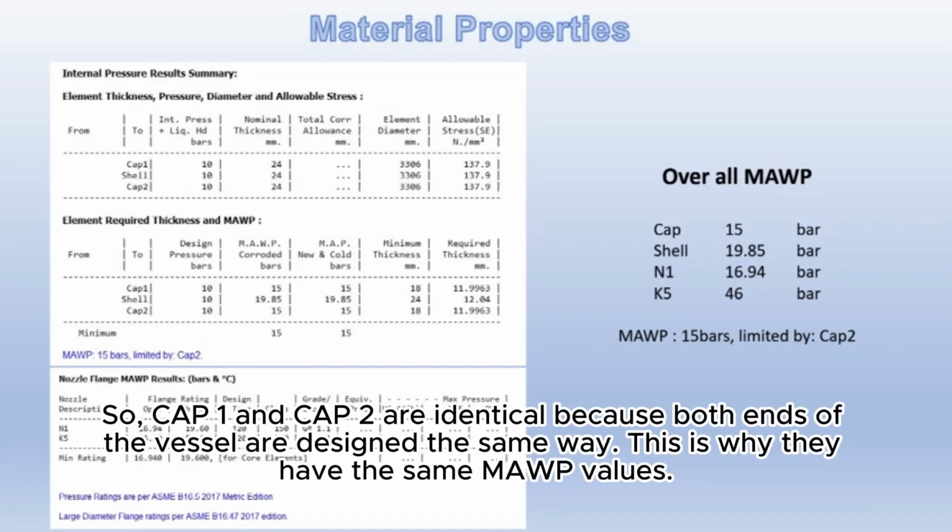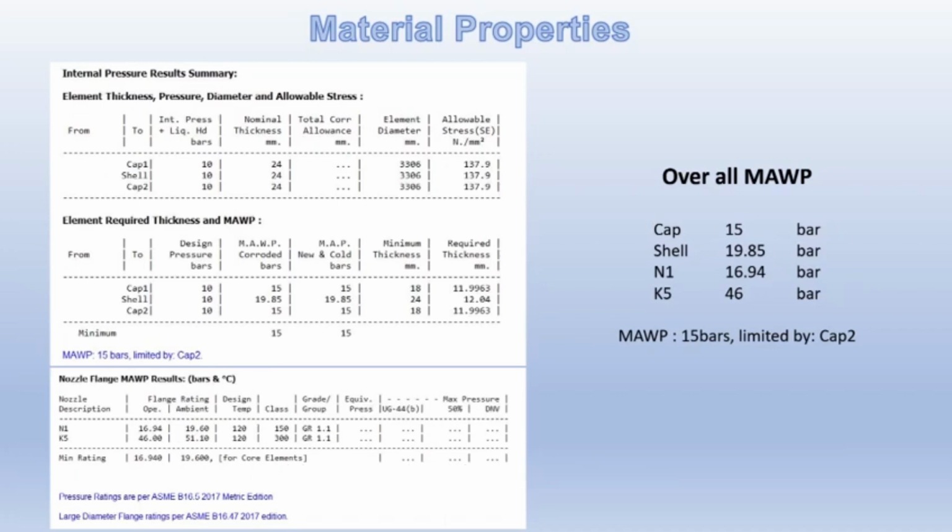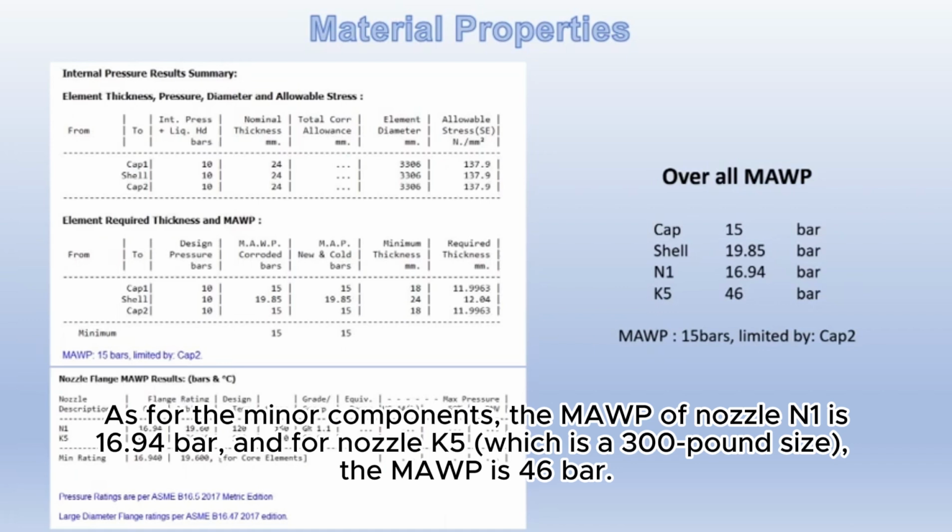Cap 1 and cap 2 are identical because both ends of the vessel are designed the same way. This is why they have the same MAWP values. As for the minor components, the MAWP of nozzle N1 is 16.9 bar, and for nozzle K5, which is a 300-pound size, the MAWP is 46 bar.